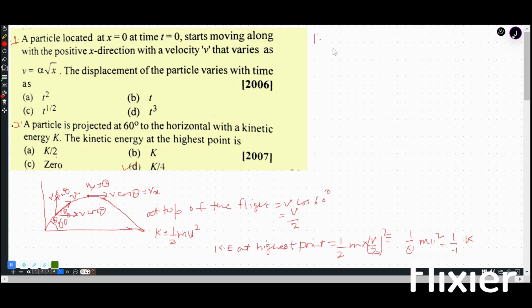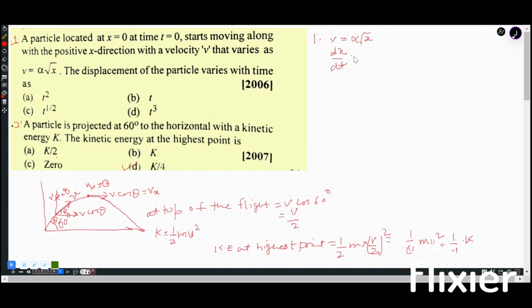We know that velocity is change in displacement, so we can write v as dx by dt because there is no movement in the y direction. The particle is moving along the positive x direction. So dx by dt is equal to alpha root x.